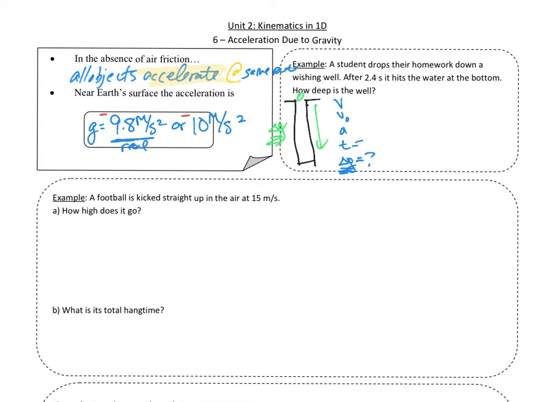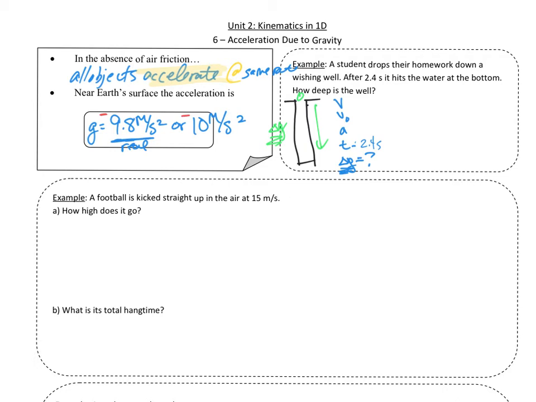We know it takes 2.4 seconds. I'm going to erase this just a bit so you can see better. And so those are the only numbers that are in here.